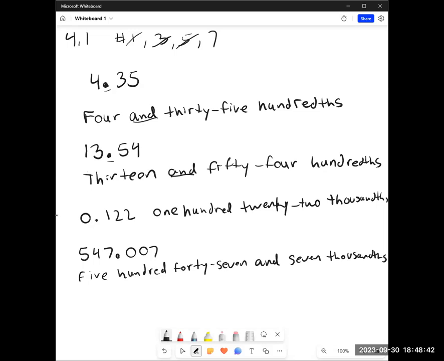So the whole number part was 547. The "and" there is where the decimal point is. And then we have a 7 in the thousandths place. We always talk about the decimal part as the furthest decimal value to the right, and read everything to the left of that as if it was a number in that last place value. So that's why we said 35 hundredths, 54 hundredths, 122 thousandths, and then 7 thousandths.